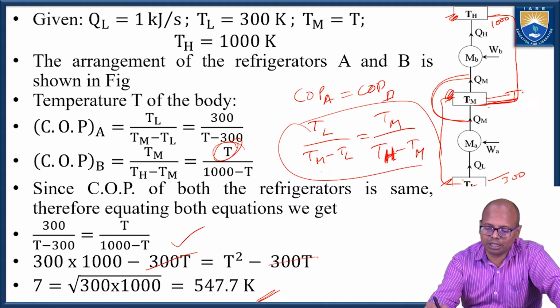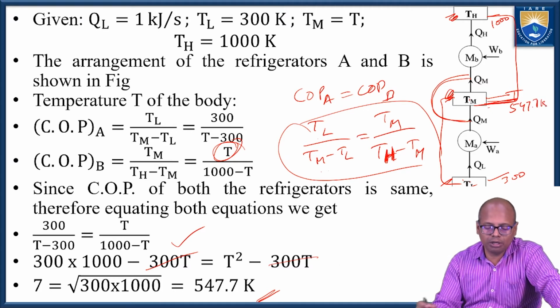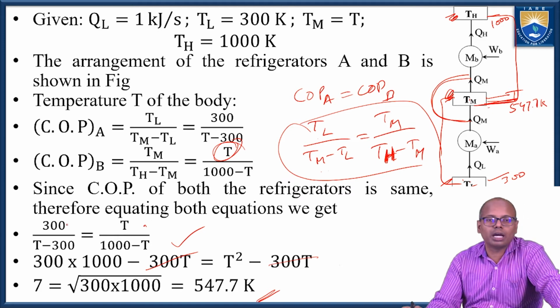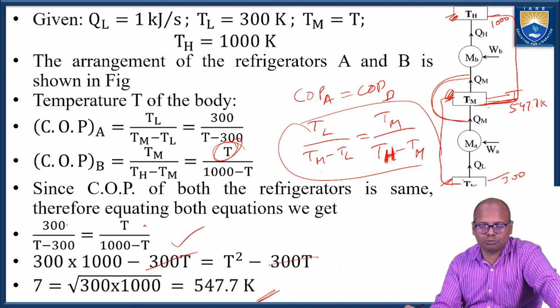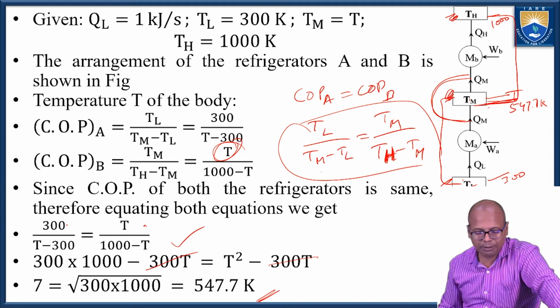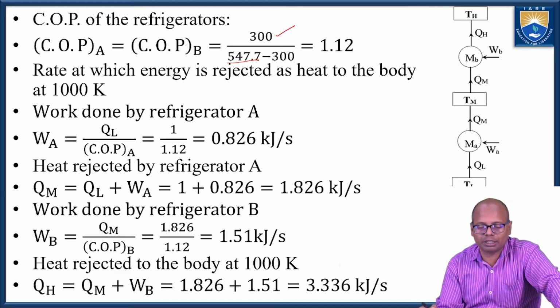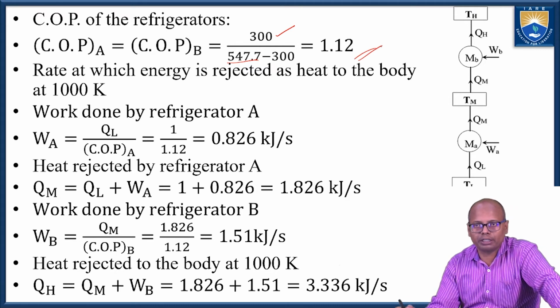So this temperature we have found out, and it is equal to 547.7 Kelvin. Now if I substitute this value in either formula, I will get the COP of the two refrigerators, which are equal. What is the value? Substituting here, 300 divided by 547.7 minus 300, I get COP as 1.12.